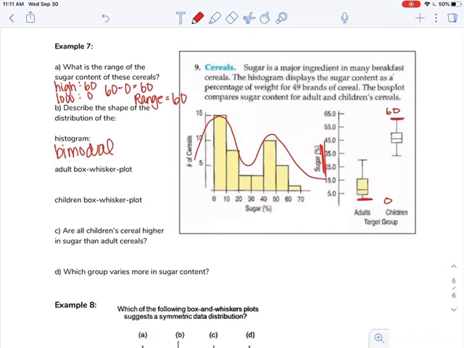Our adult box and whisker plot, notice if this was standing upright, it would probably look like this. Because the tail is pulling to the right, you'd say it was skewed right. For this one here with children, it kind of goes in the middle, so I'd say it's symmetrical.